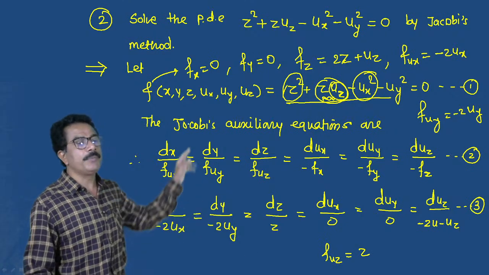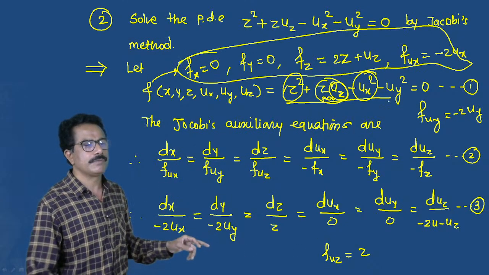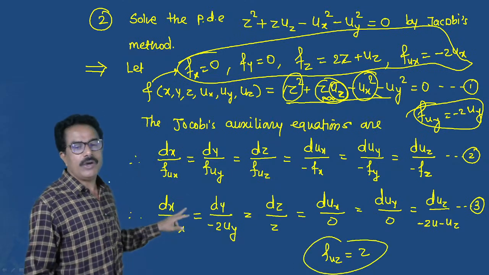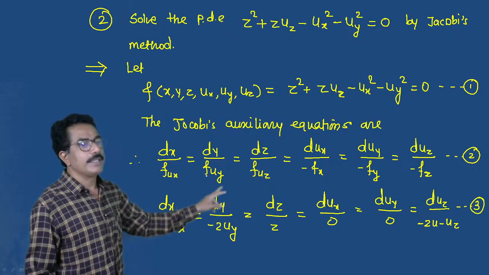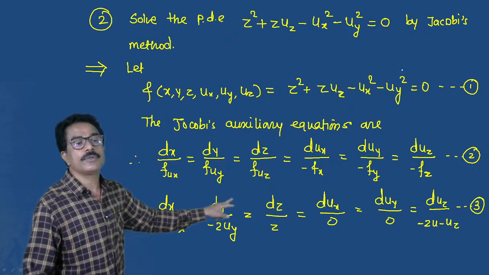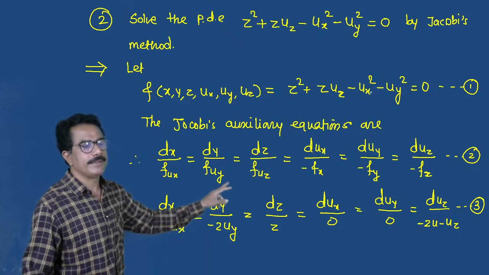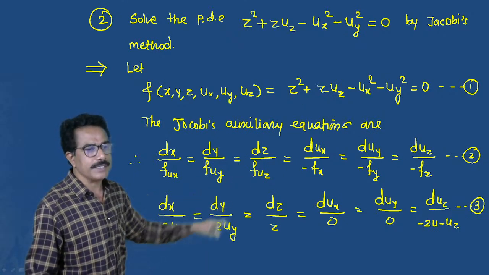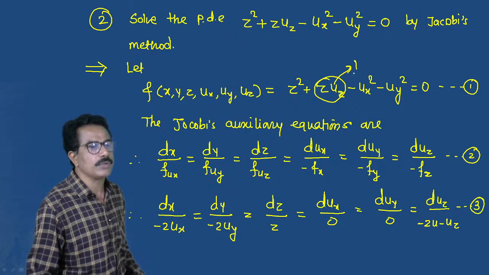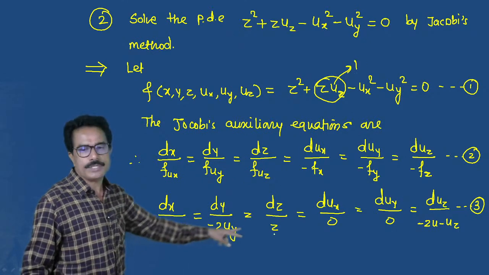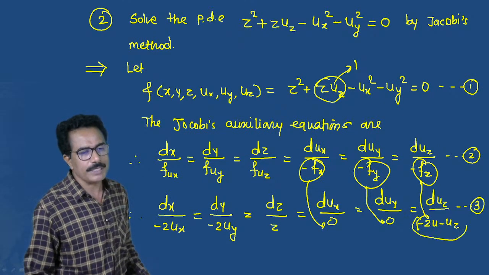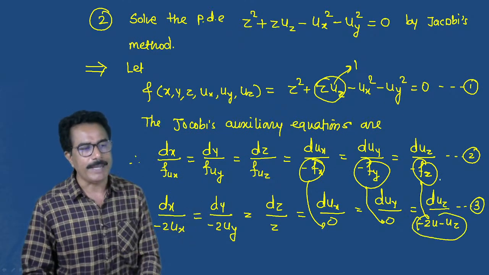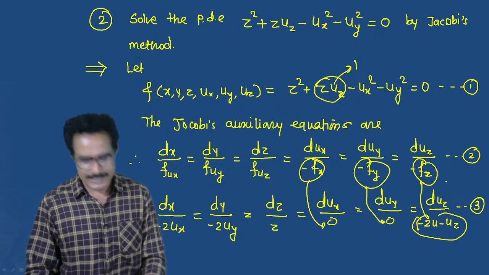Now putting all these values in the auxiliary equation: fux means minus 2ux, fuy means minus 2uy, fuz means z. Again fx means 0, fy means 0. Sorry, fz means 2z plus uz, with a minus sign multiplied. Do you understand this?